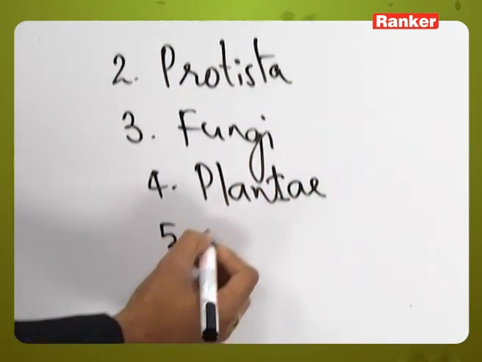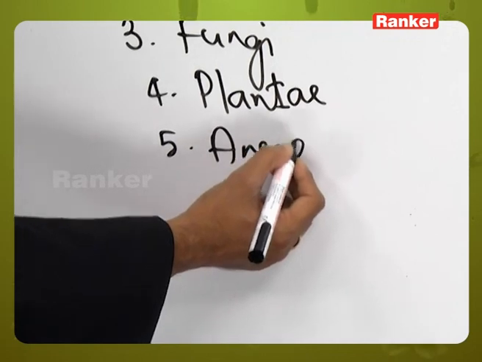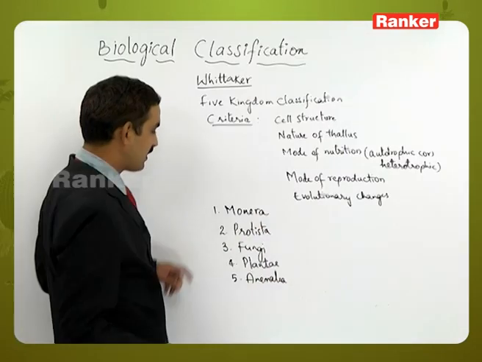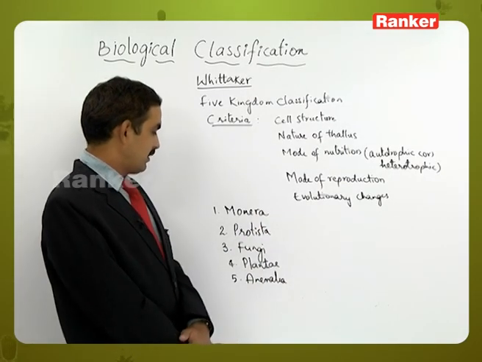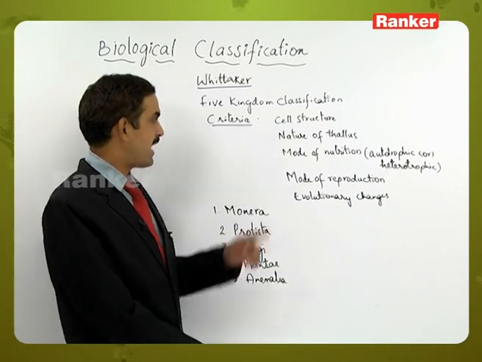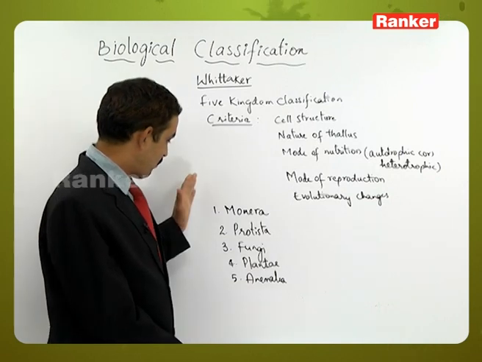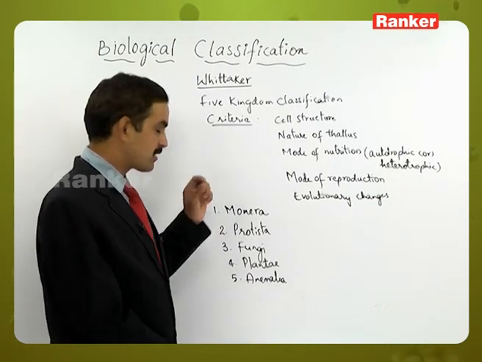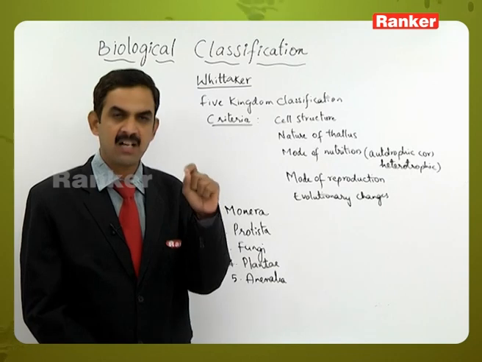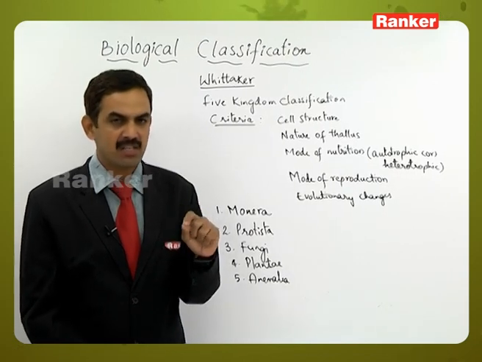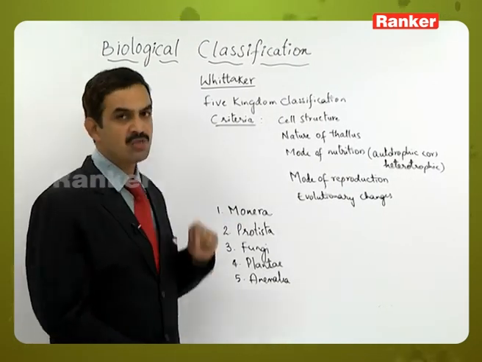And the fifth one is Animalia. So these are the 5 kingdoms that have been given by the scientist Whittaker based on this criteria. Why they have been categorized into 5 groups is that they considered particular criteria, and the ones satisfying that particular criteria have been kept under an individual kingdom.